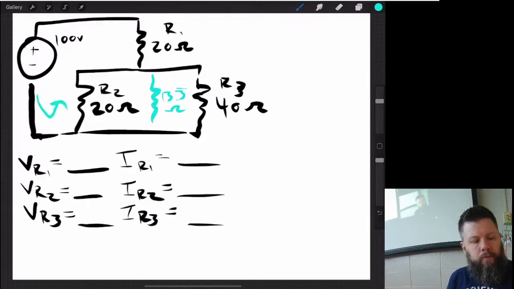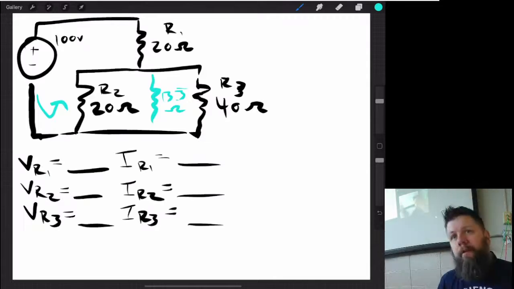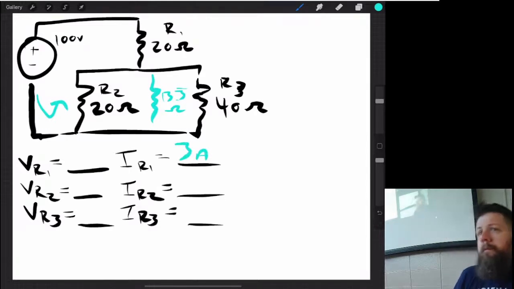3 amps. What do we know about that series component? Every amp that goes out has to go through there. It's getting squeezed through there, right? So my current through R1 is going to be equal to that 3 amps. What's my voltage drop across that 20 ohm resistor?